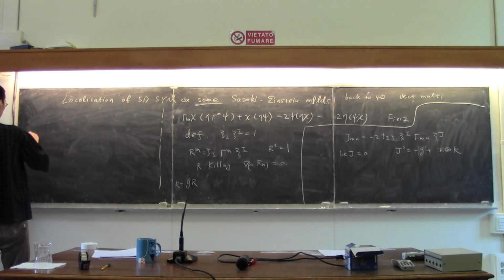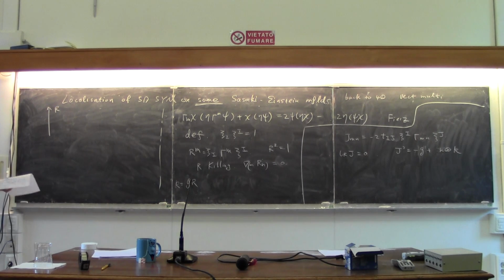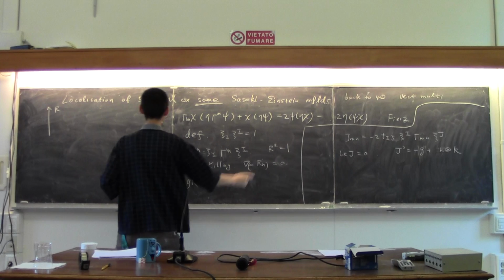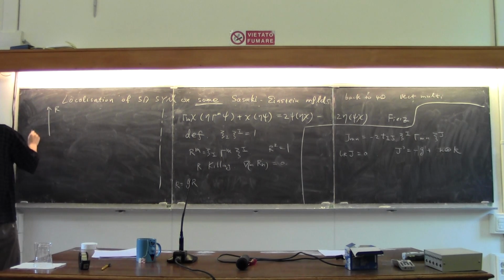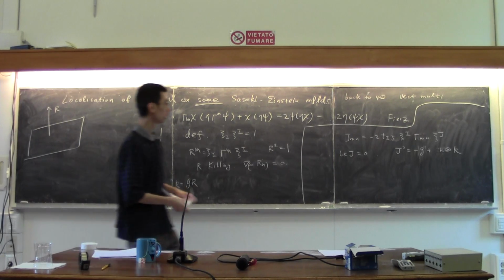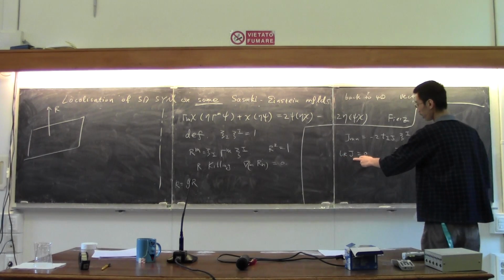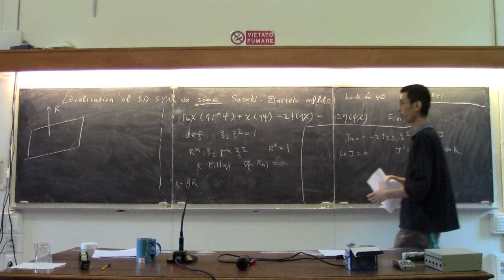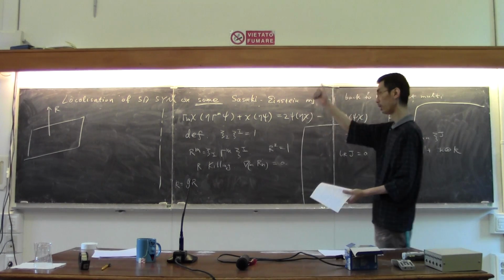So you have a 5-manifold. You have a vector field R, which is nowhere vanishing since it's got constant length. And then on the transverse plane, J can be restricted to the plane which is perpendicular to the Reeb vector.